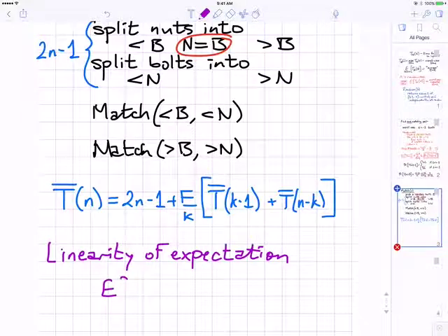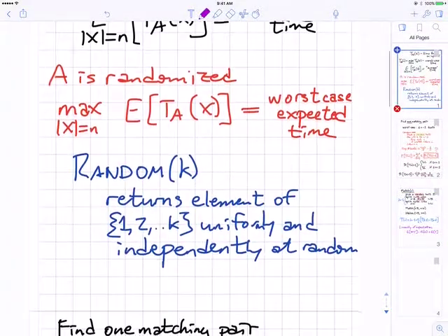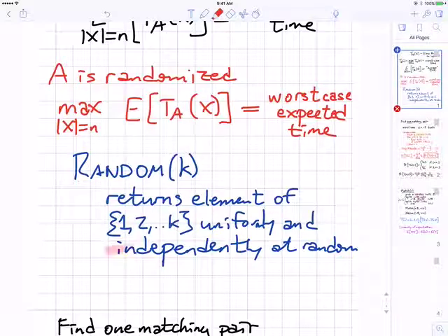Okay, the expected value of x plus y is equal to the expected value of x plus the expected value of y. Now, in this particular case, it turns out that these two random variables are completely independent from each other, because over on the left, my left recursion fairy has her own set of random bits that she generates, and over on the right, my right recursion fairy has a completely independent set of random bits that she generates as well, because I said in the definition of random that these are independent.